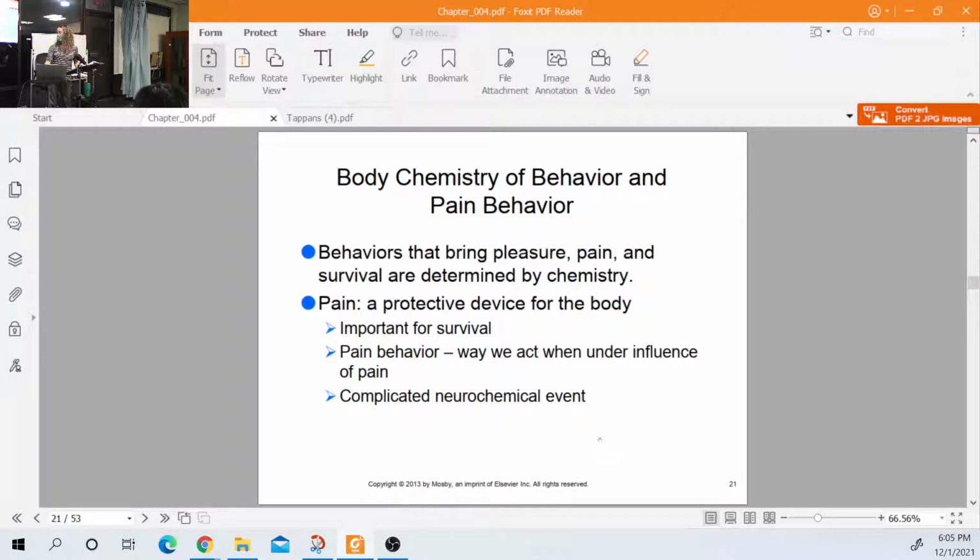But pain behavior is protective, okay? It's important for our survival. We need to know if something is being injured when we do something, we need to stop doing it. We need to take care of it for survival. So, we will get off of a broken ankle if we're smart.